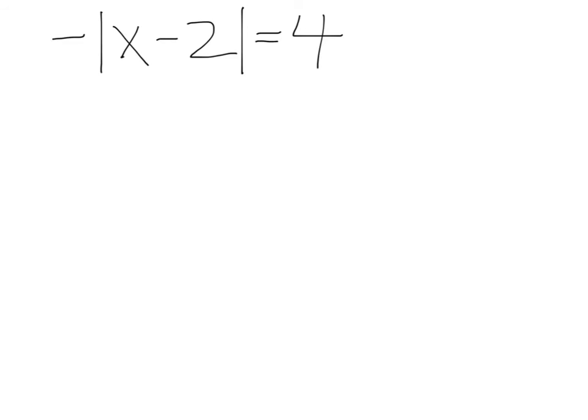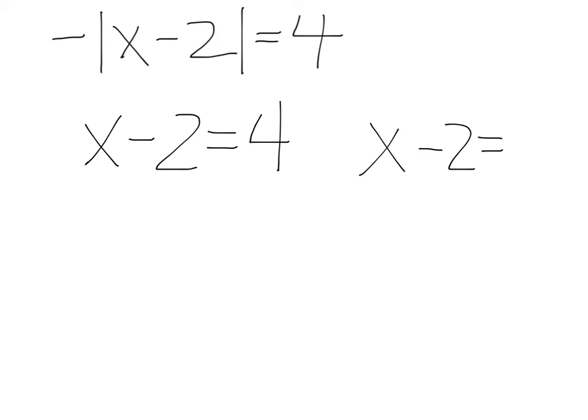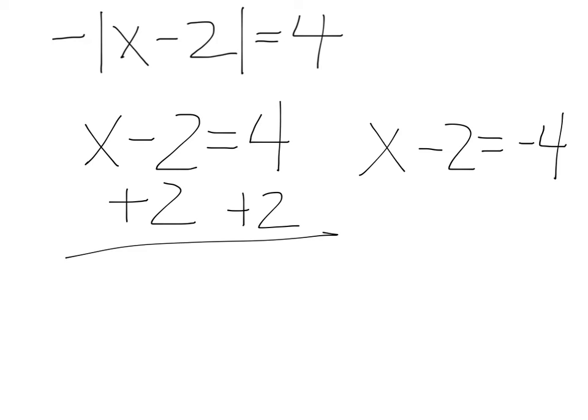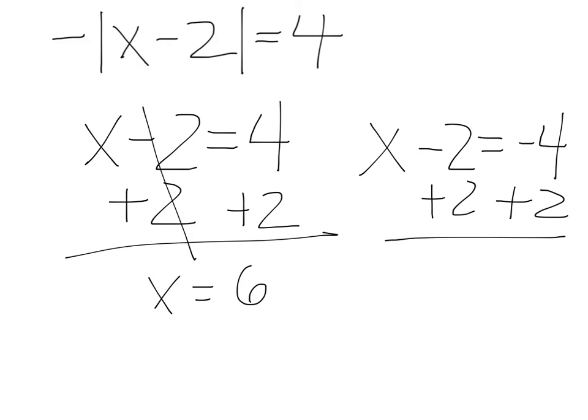So you can do x minus 2 equals 4, and then x minus 2 equals negative 4. Then you add 2, so x equals 6. And then plus 2, and x equals negative 2.